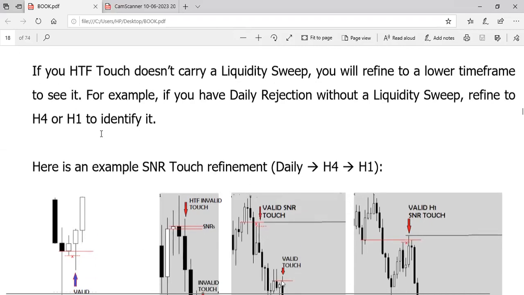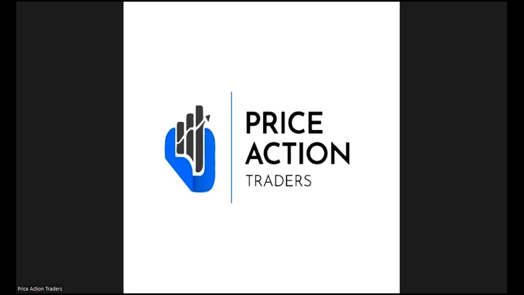For example, if you have a daily rejection without a liquidity sweep, you must see it in a lower time frame.